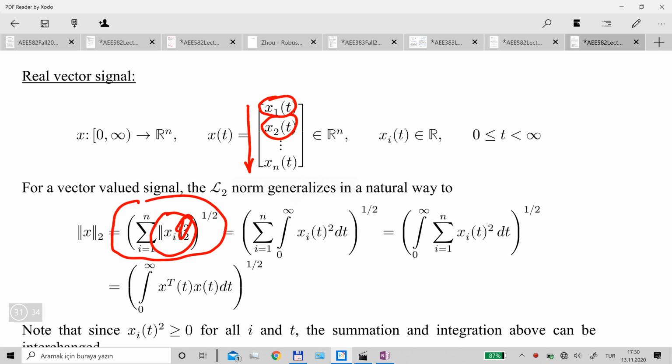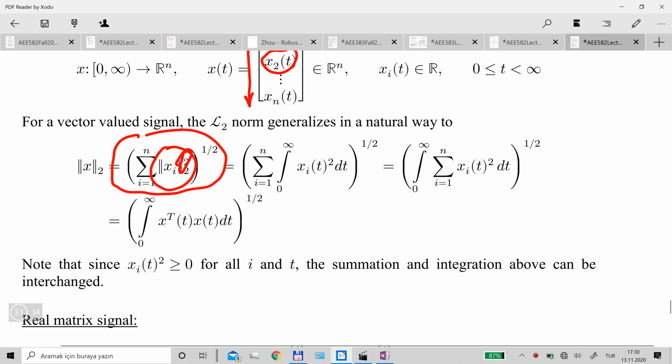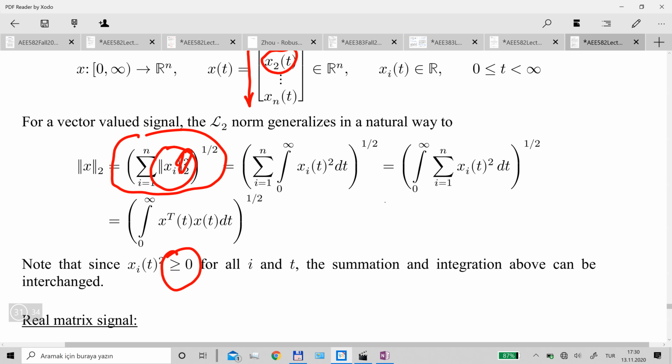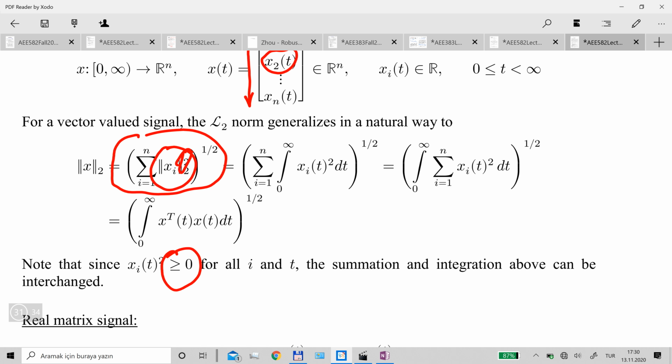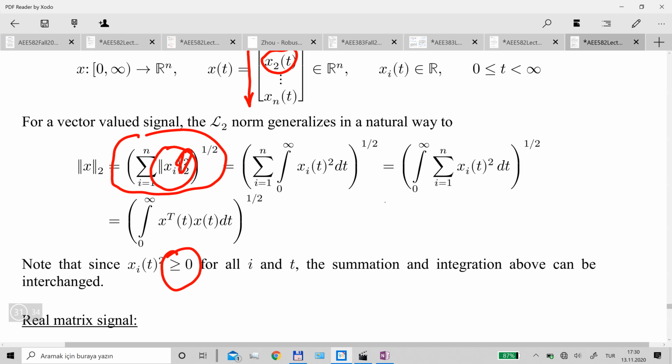Well, in mathematics, we know that if what you have inside is greater than or equal to 0, then we can always change the order of summation and integration, which means you can put the summation inside and leave the integral outside. So by switching the order of the summation and integral, the result doesn't change.